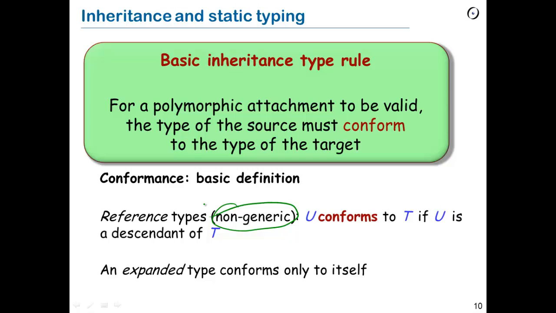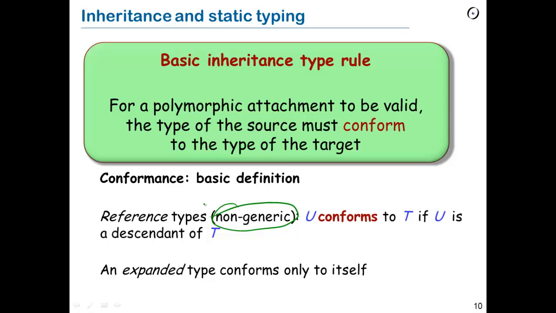And for assignment, in the case of reference types, it's reference assignment. In the case of expanded types, it's just copying objects. And so as a consequence, polymorphism, as results from polymorphic attachments, is only possible for reference types. For expanded types, the source and the target have to be of exactly the same type.